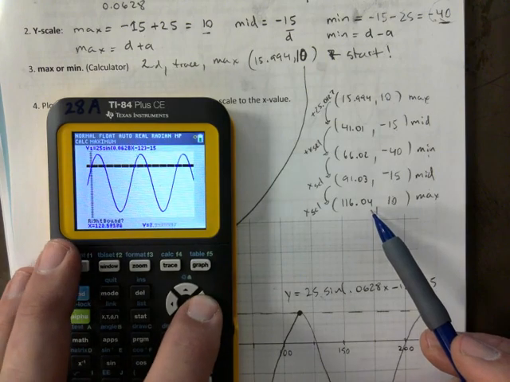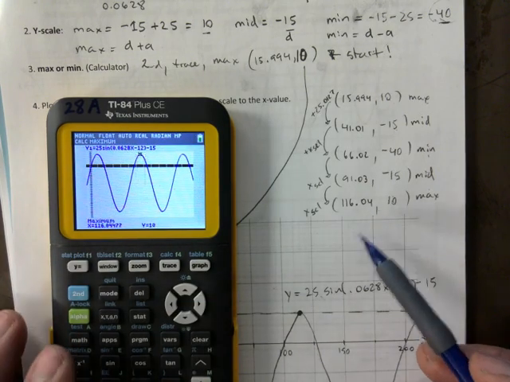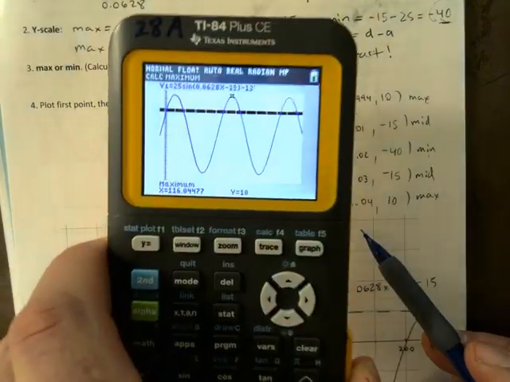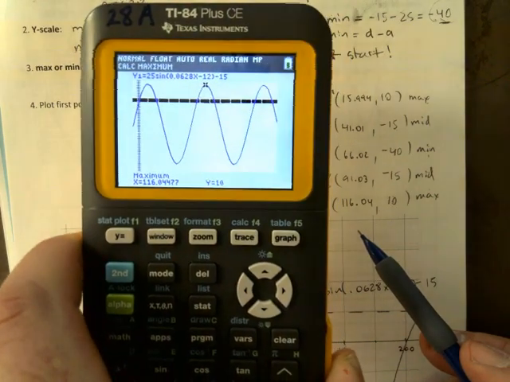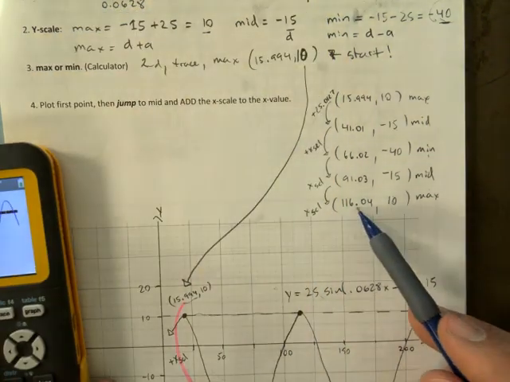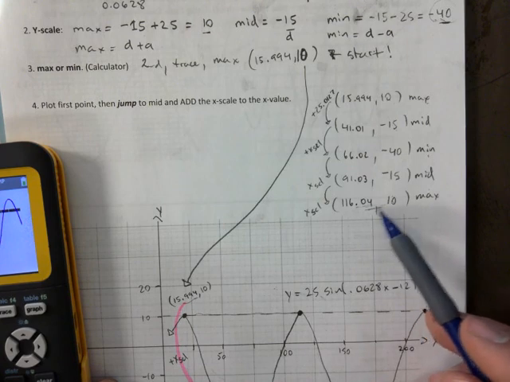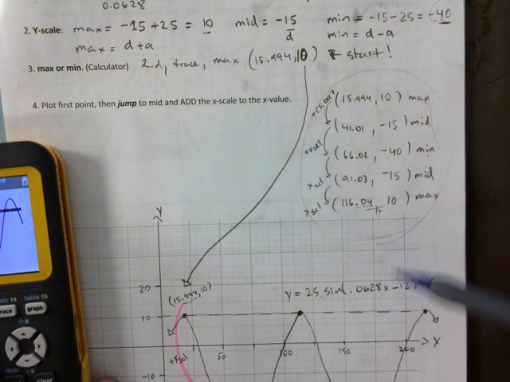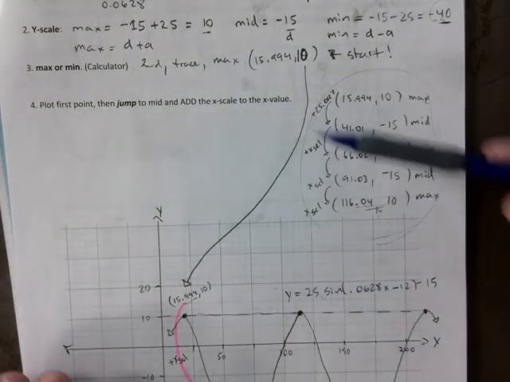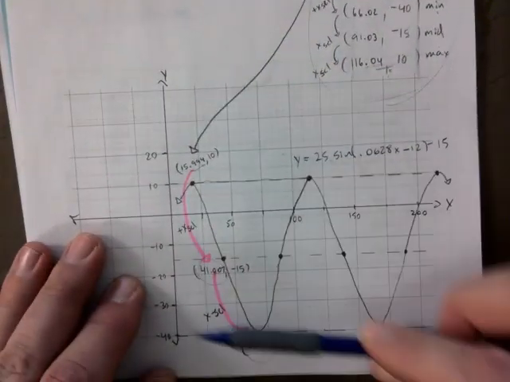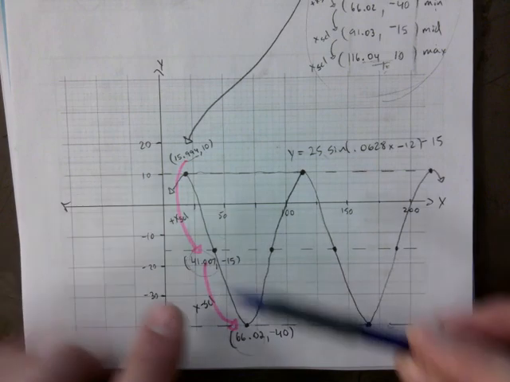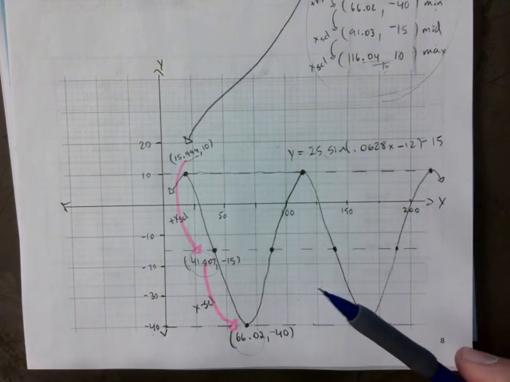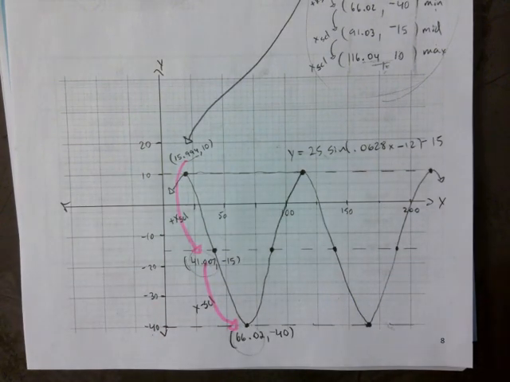Enter, enter, enter, and you get, watch this, 116.0410, which is exactly what we have here. Right, so we went full cycle there. So you can do it this way and then transfer it over, or you can do it right on the graph, right? You have your calculator to help you with that.